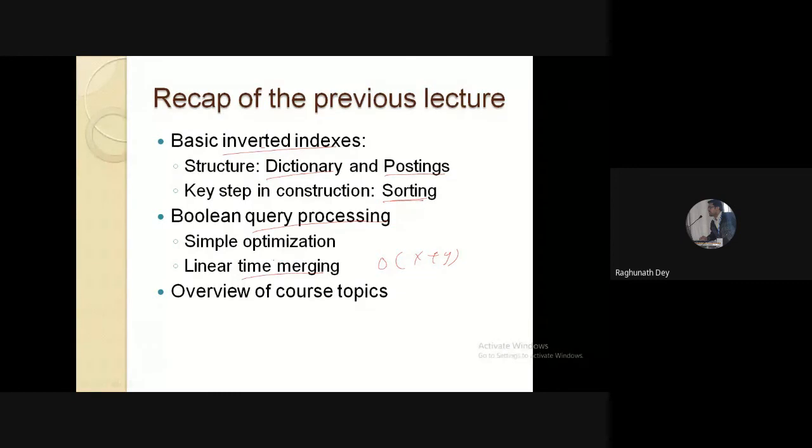By the help of which also we are able to optimize the required time. How? By choosing those particular terms which are having lesser occurrence or lesser posting list length, by the help of which we are able to reduce the required number of steps or time complexity.